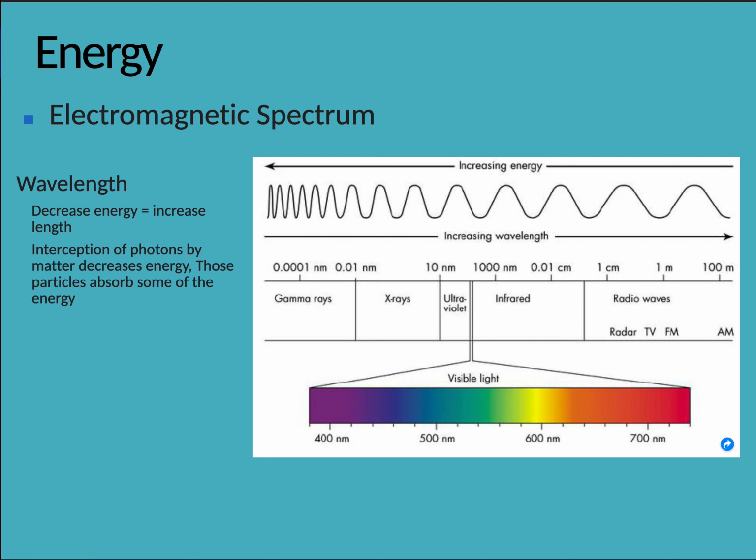And as solar energy is being transmitted towards the surface of the earth, it's going to interact with the atmosphere. And as it interacts with the atmosphere, each photon is going to hit a particle or a gas molecule in the atmosphere. Once it does so, it's going to transfer some of that energy, and by transferring some of that energy, the wavelength is going to get longer.